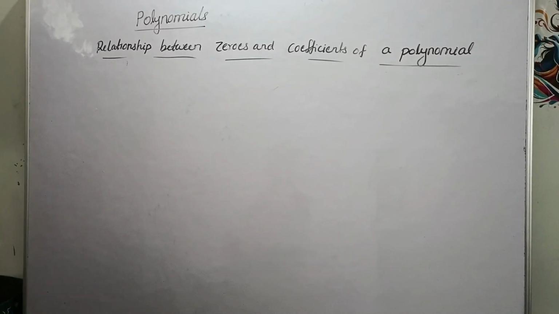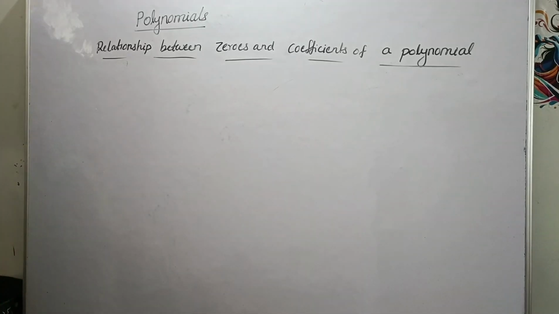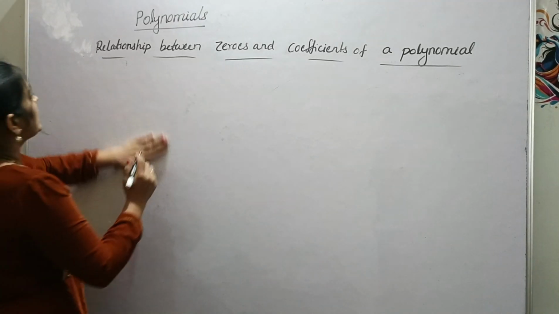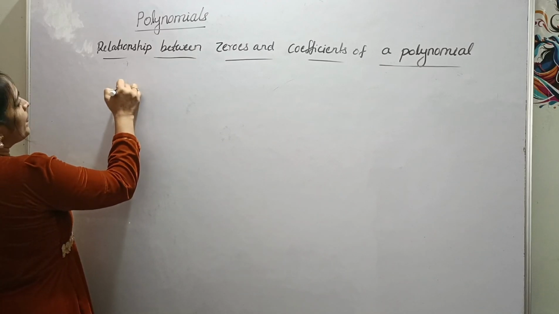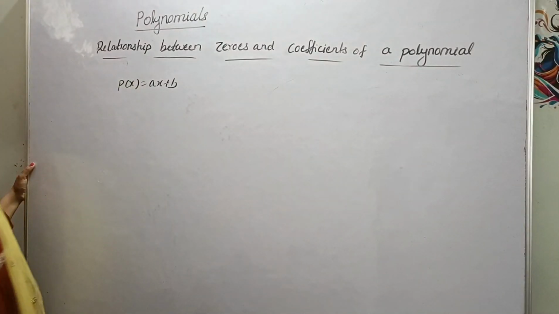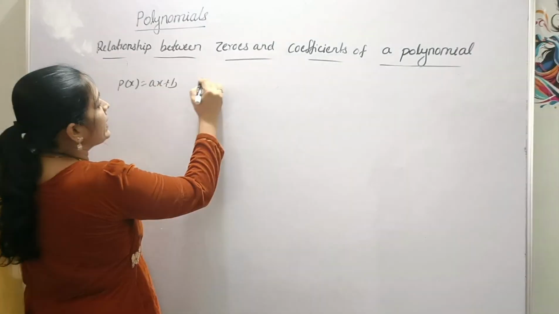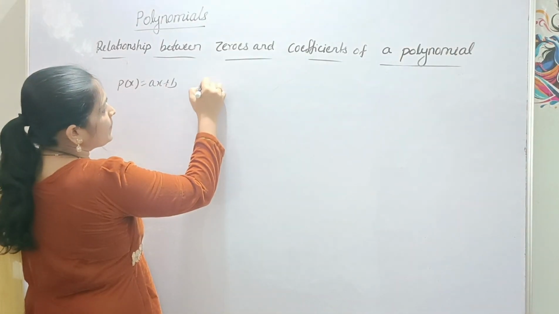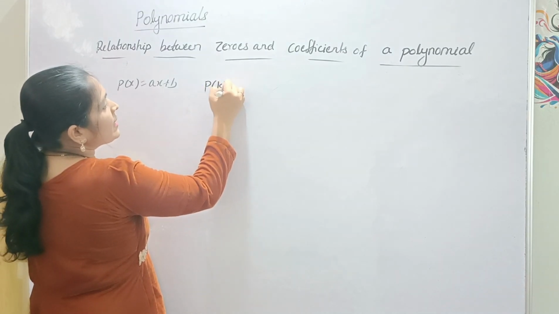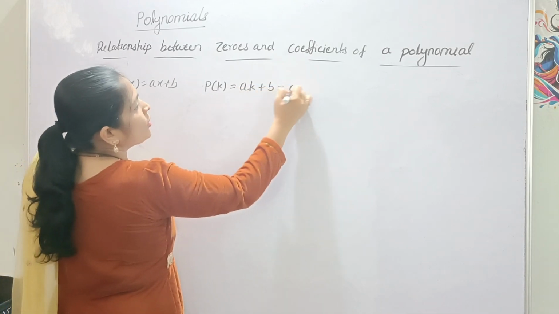Next is a very important topic, relationship between zeros and coefficients of a polynomial. So first of all, let's consider linear polynomial. So linear polynomial p of x is equal to ax plus b. Right? Okay. And if k is a 0 of this linear polynomial ax plus b, then we can write p of k is equal to a k plus b is equal to 0.